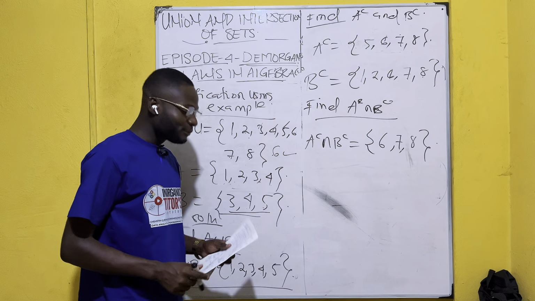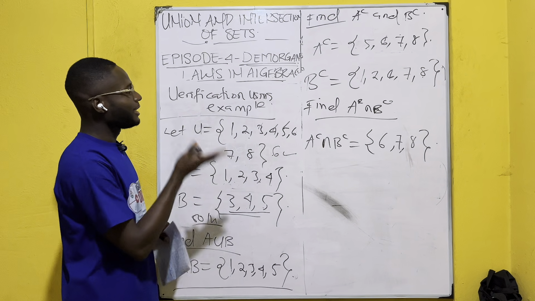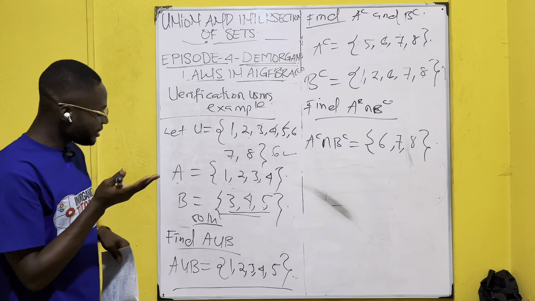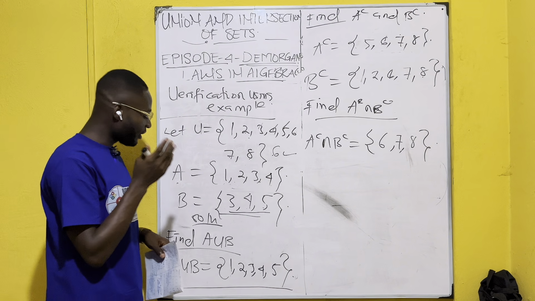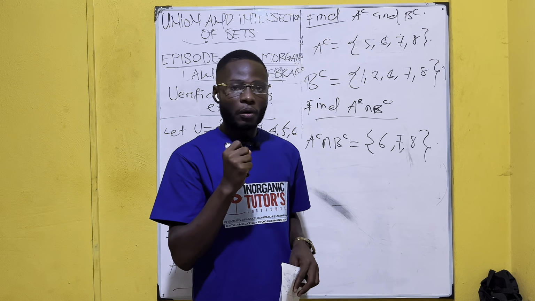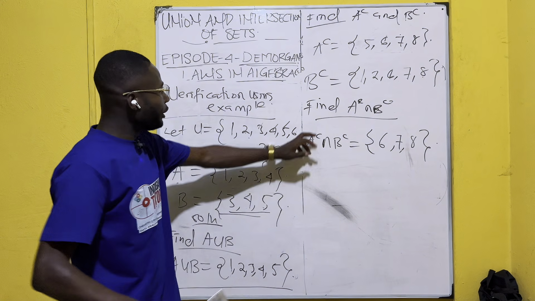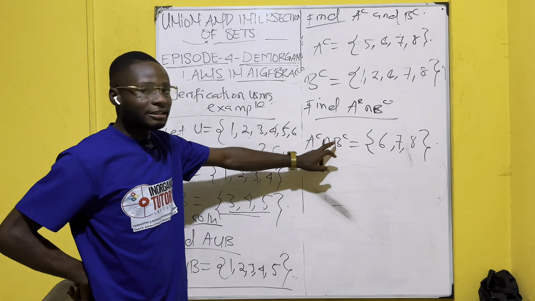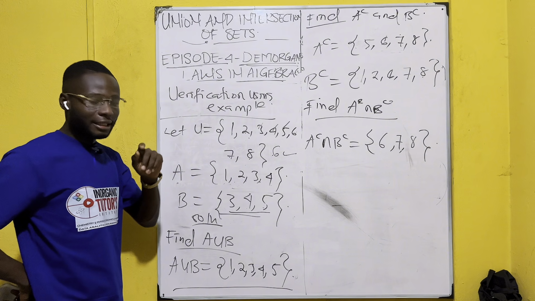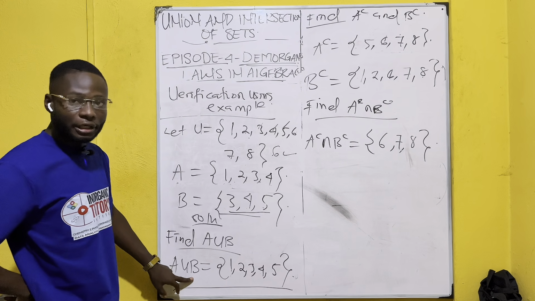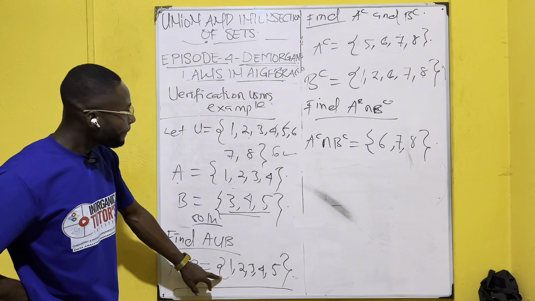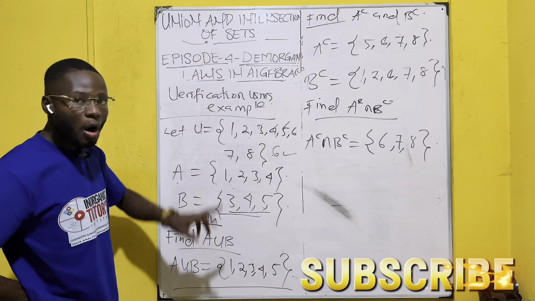Great. So now, looking at the example, we can see that we have been able to verify the law, because we obtained A complement intersection B complement. Now, let's look at something. A union B is right here. Now, let's try to find A union B complement.